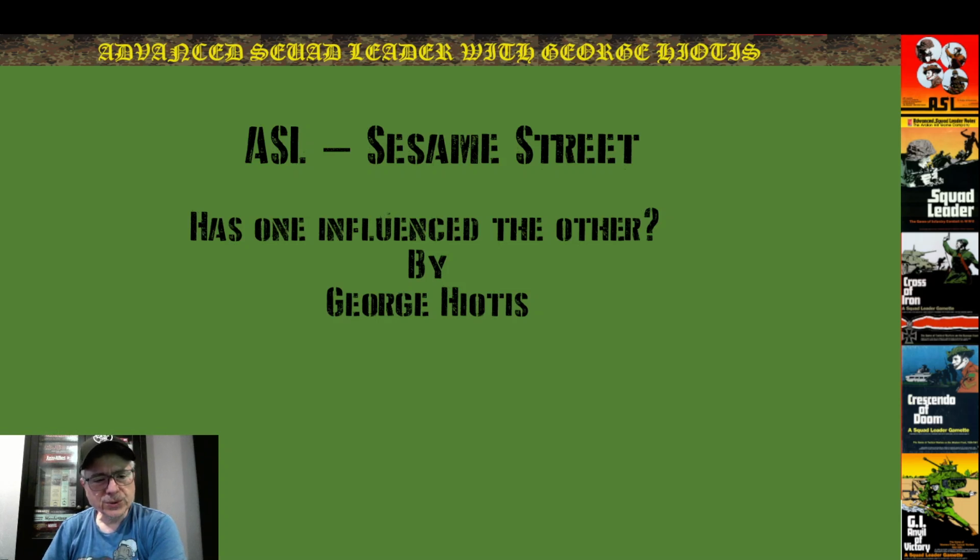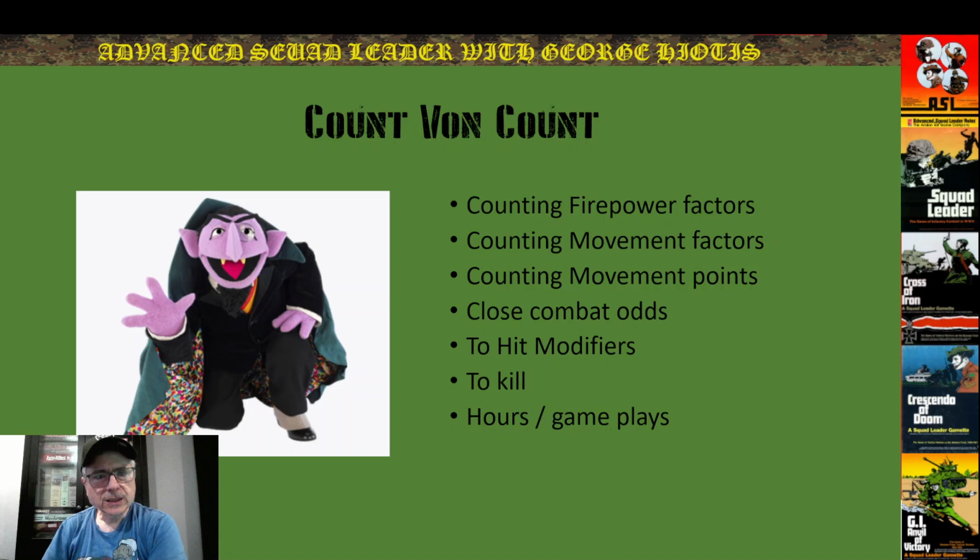If the computer wants to cooperate, let's see. Here we go. First similarity between Sesame Street and Squad Leader, counting. So here we have the image of Count Von Count. And what do we do in Squad Leader? We count firepower factors. We count movement factors.